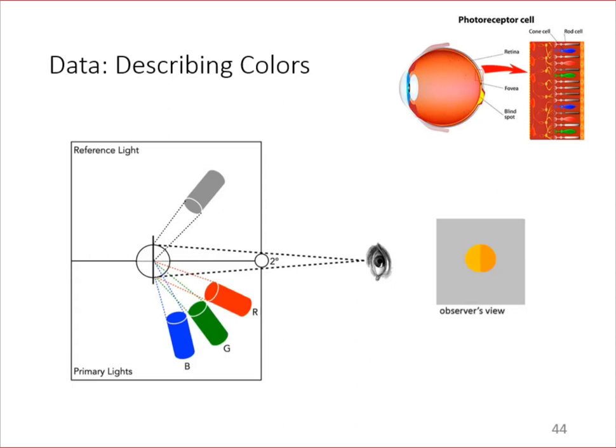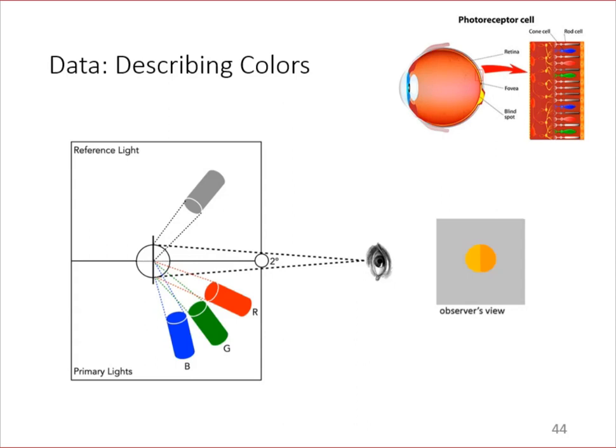But what's the number? How to do it? So let's go back to the architecture of our eyes. We know there are three different cone cells and rod cells, and they contribute signals to our brain to sense the color.